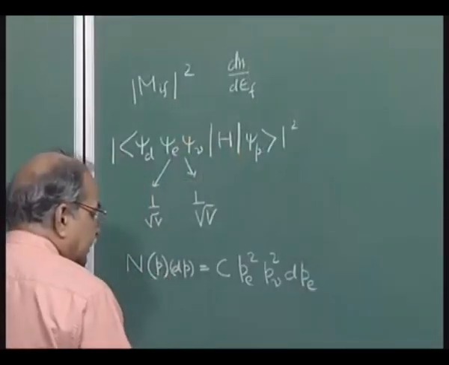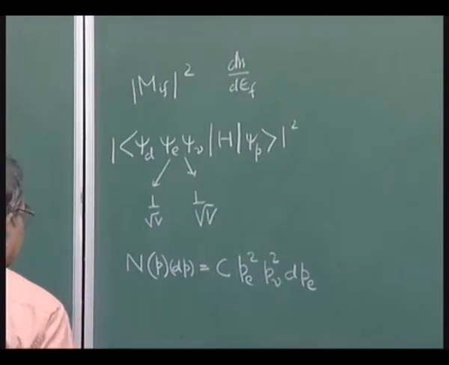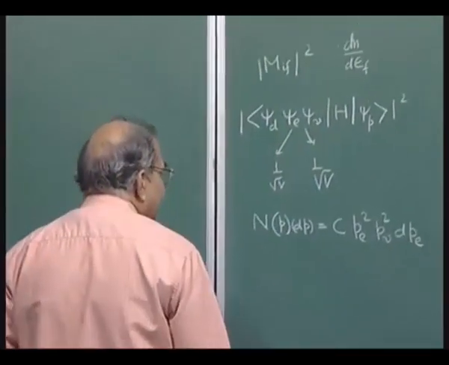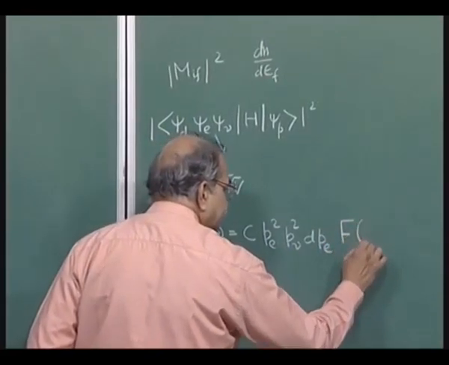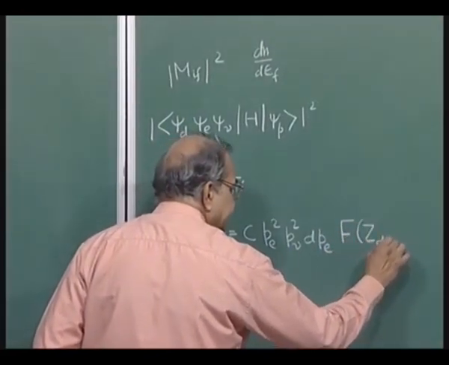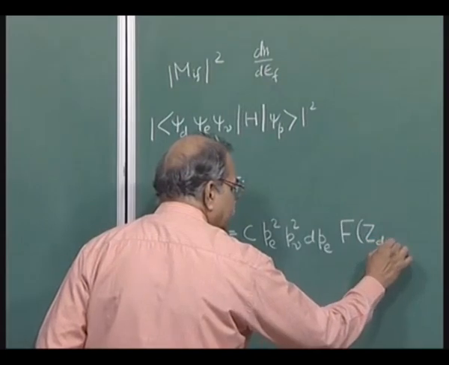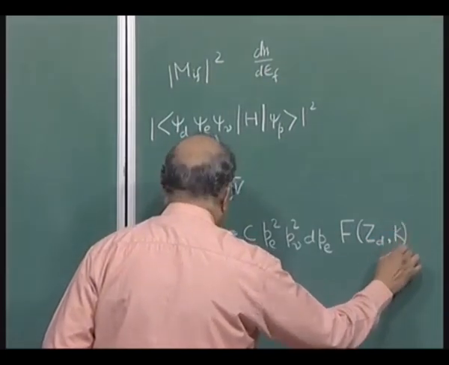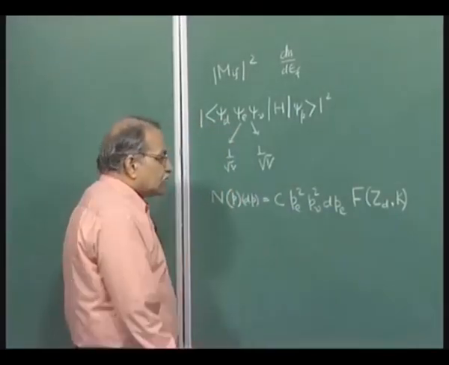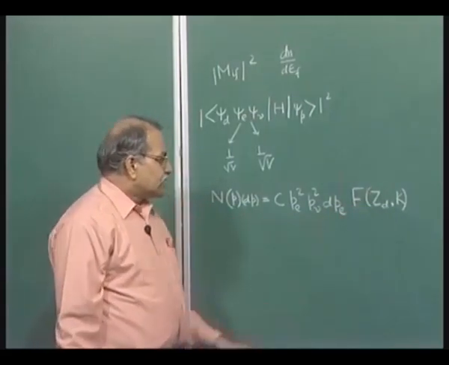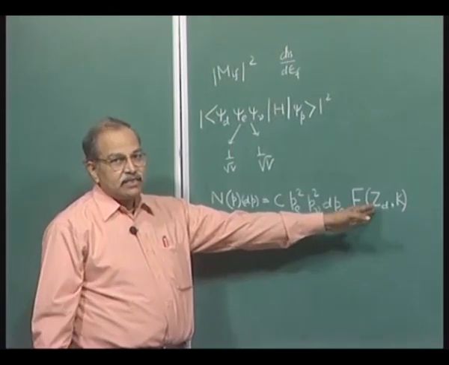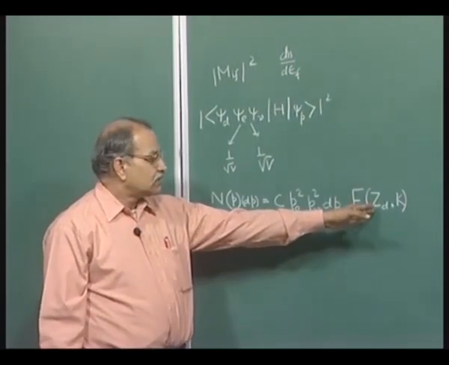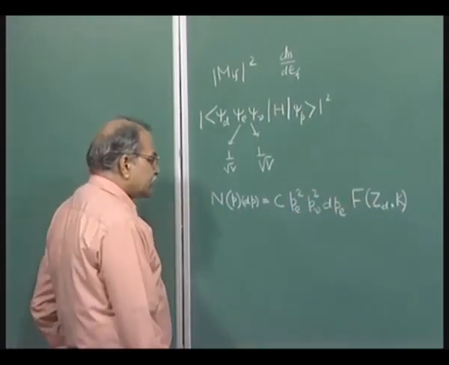So, that is the N_p dp, and then we bring this factor which depends on the Z number of the daughter and the kinetic energy or momentum. So, this is that F factor, it takes care of the Coulomb interaction between the outgoing electron or positron and the daughter.